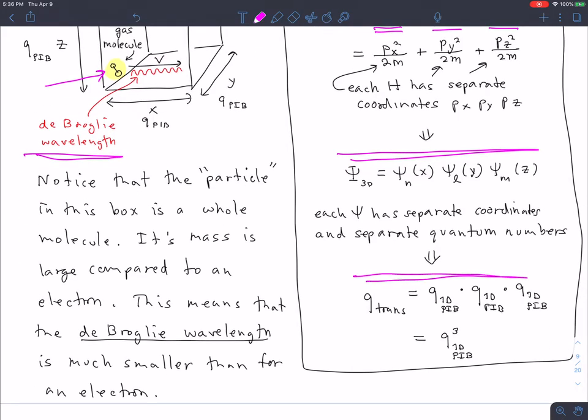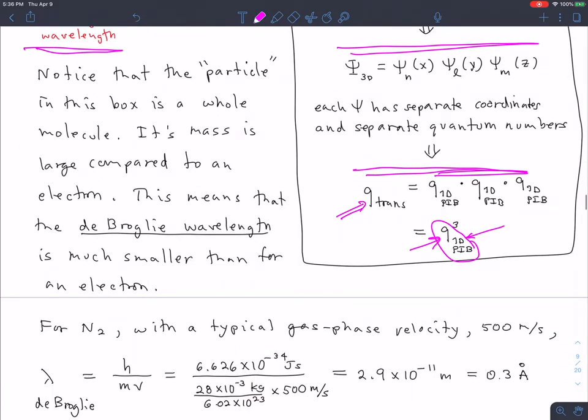And that means that not only does the big partition function factor into a bunch of one molecule partition functions, and then each one molecule partition function factors into a whole bunch of separate subsystem partition functions, but even the translational partition function factors into three parts. And so the translational partition function is just the cube of a one-dimensional particle in a box partition function. So all of it boils down to us just finding the one-dimensional particle in a box partition function.